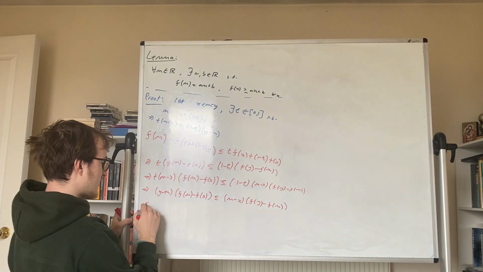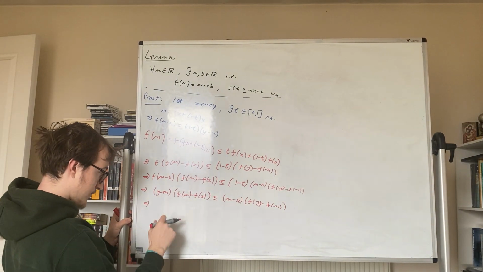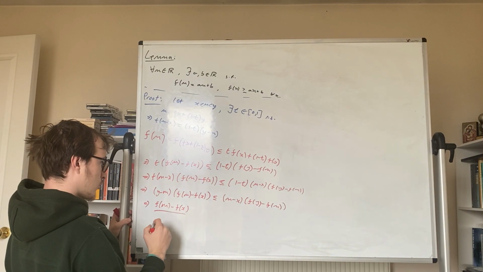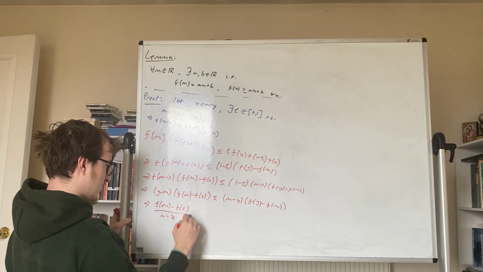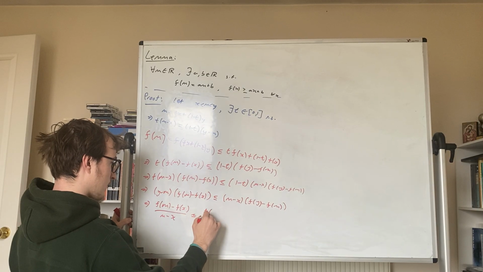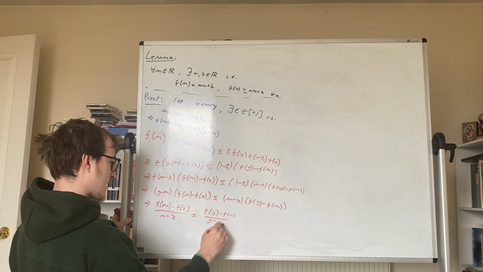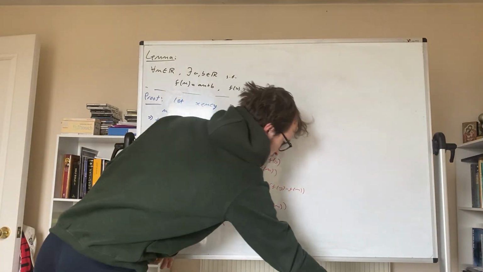And then let's rearrange this so that we get that (f(m) − f(x)) / (m − x) is less than or equal to (f(y) − f(m)) / (y − m), like so. Okay, so we've done a bit of algebra.